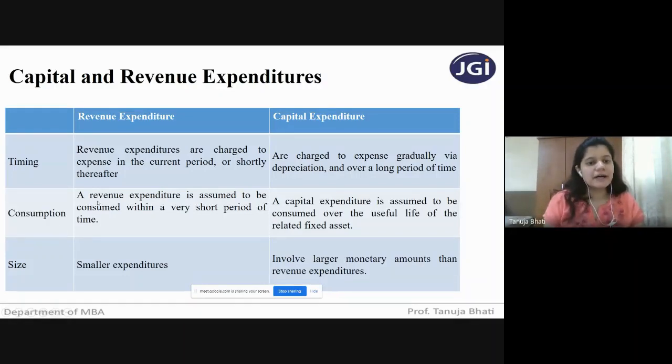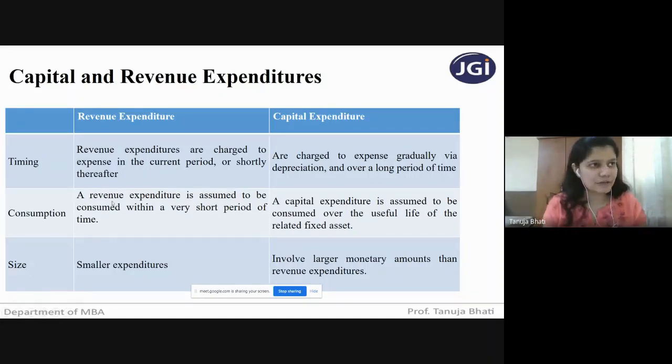Next, consumption. A revenue expenditure is consumed, or assumed to be consumed, within a very short period of time. Obviously, whatever staff is working in the organization, their services are consumed in the same month. Electricity, what are you using? You're using it for a particular month.